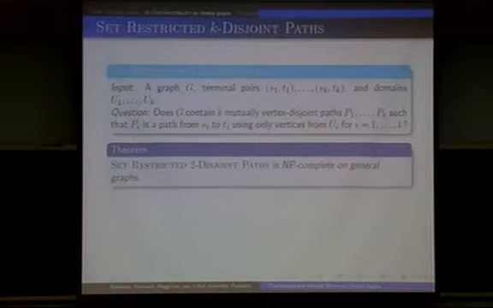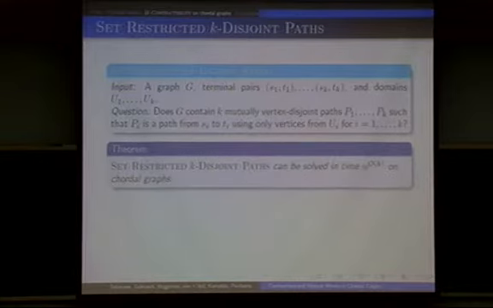So the bad news is that this problem is already NP complete when you just ask for 2 pairs of terminals on general graphs. But the good thing is that we can actually solve it in polynomial time for fixed K on chordal graphs.